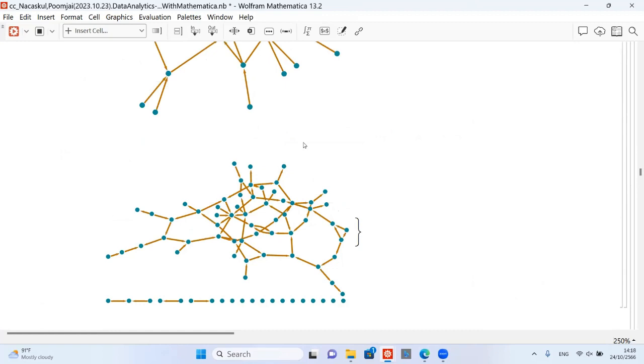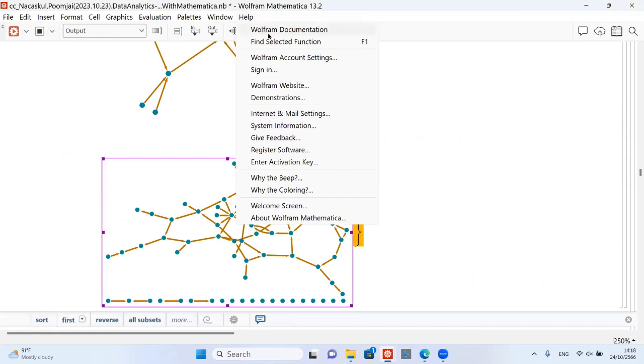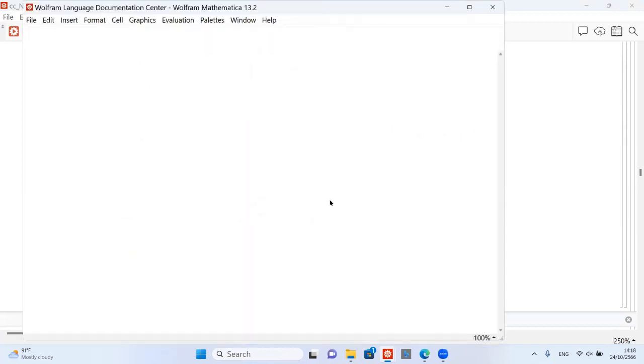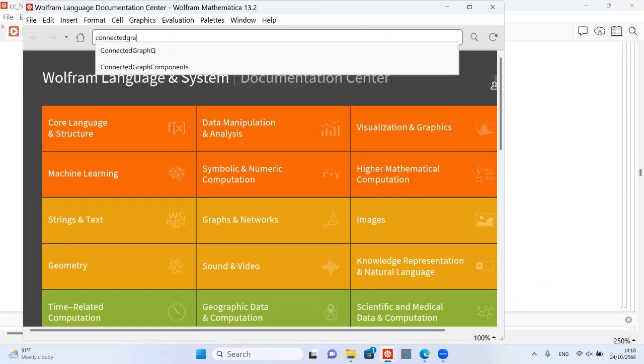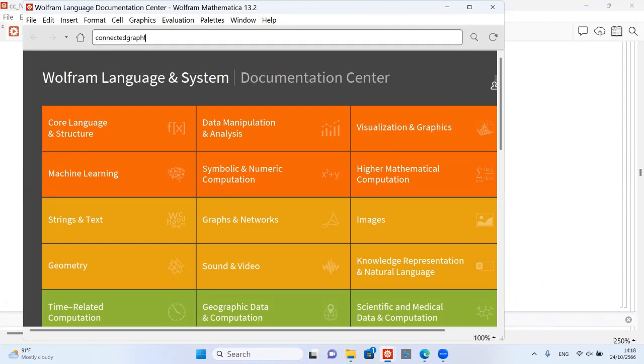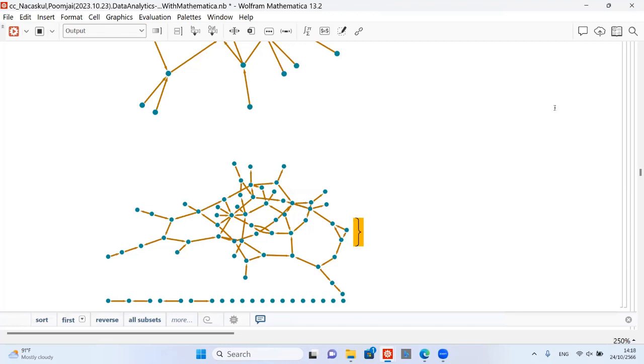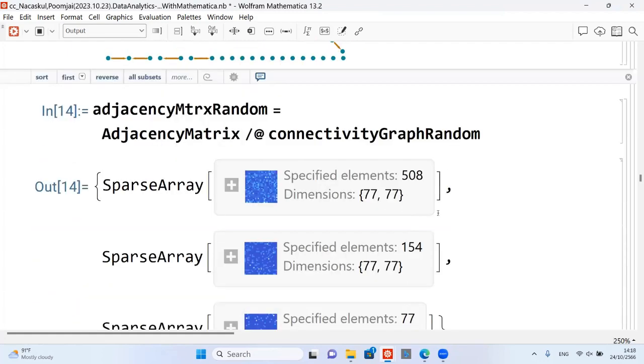So let's say something like connected graph Q. In Mathematica, if the built-in function has a big Q at the end, it usually means a question, like, is it connected? Connected in that sense. Okay, anyway.